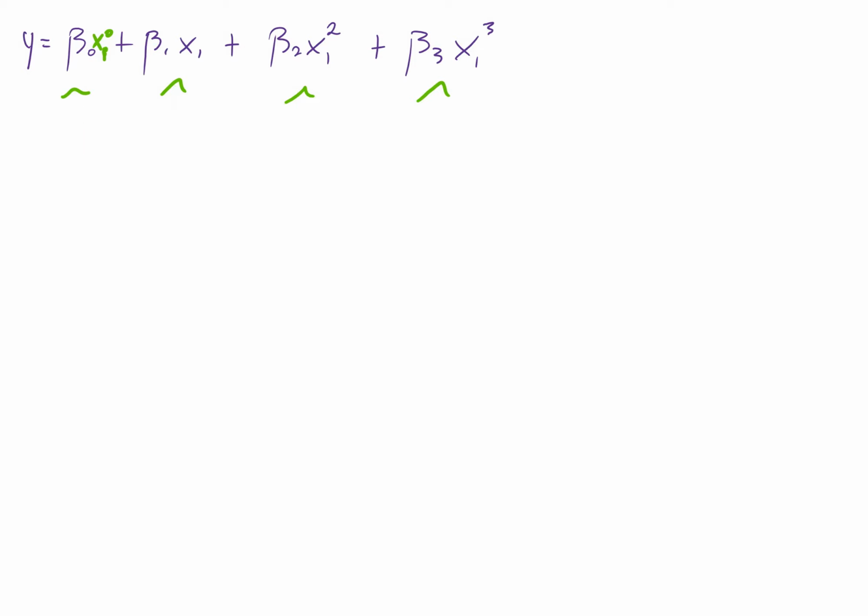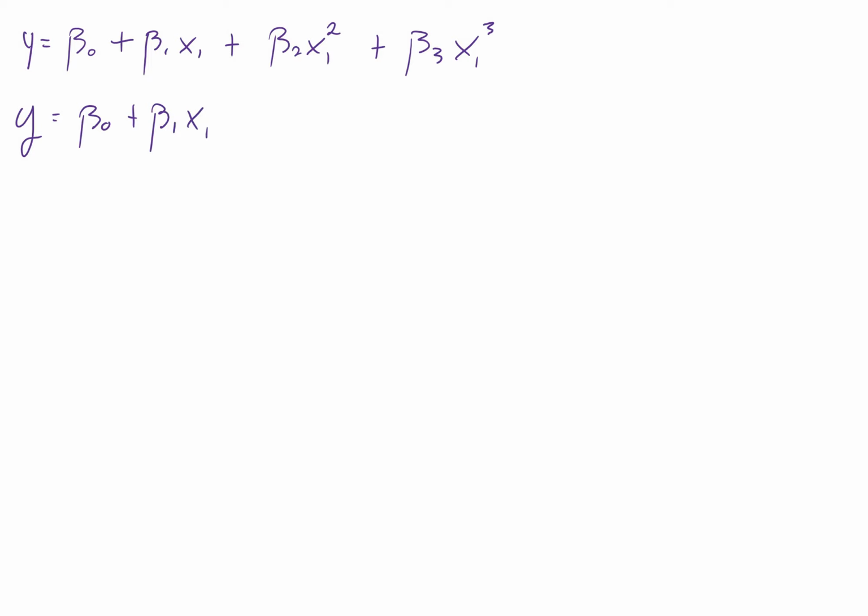Okay, so you might ask yourself, how in the world do we interpret these coefficients? In order to figure that out, let's go back and look at our simple linear regression case.